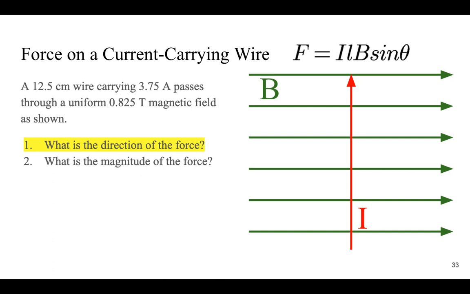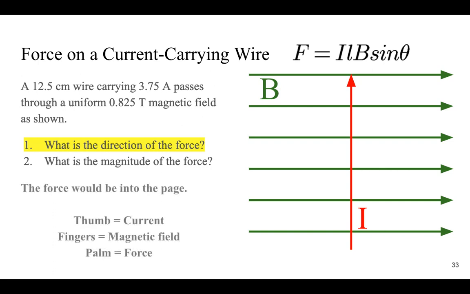Turn your hand so that your fingers are in the direction of the magnetic field B, and you should have your palm facing the screen because this force is going to be into the page. So the thumb is the current, your fingers are the magnetic field, and the way your palm is facing, that's the direction of the force. And again, this is our second right-hand rule. This is not the magnetic field created by this current. This is a magnetic field that is there, and this current is going through it.